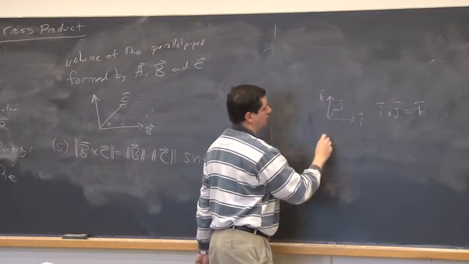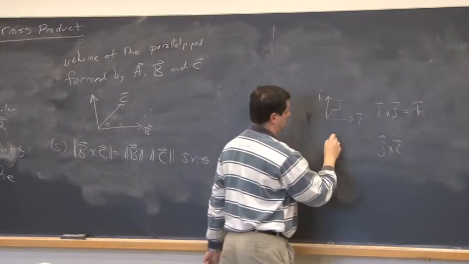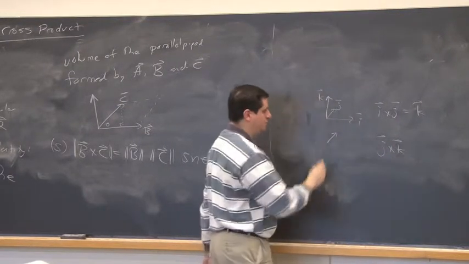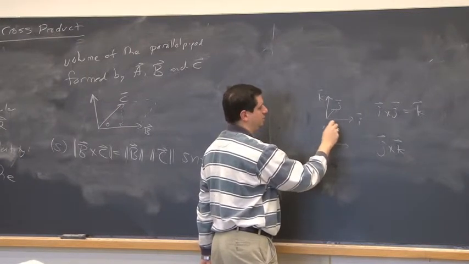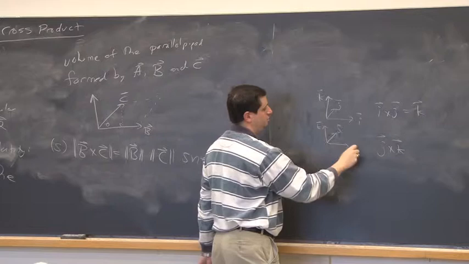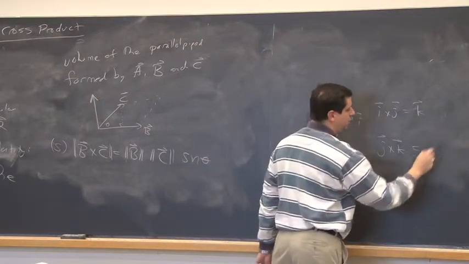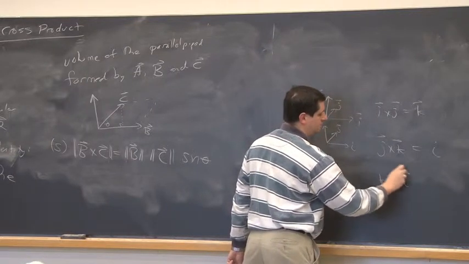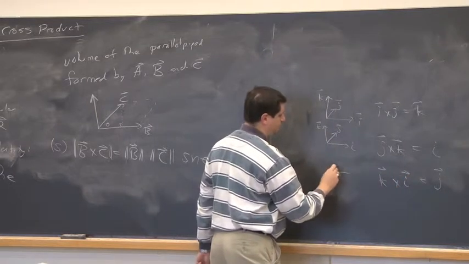I'm sorry, J cross K. I'm going very carefully, in a cyclic order. J cross K, if you do the calculation, turns out to be I. And the last one, going in the same order, is K cross I, which turns out to be J. And it's the same picture as before.